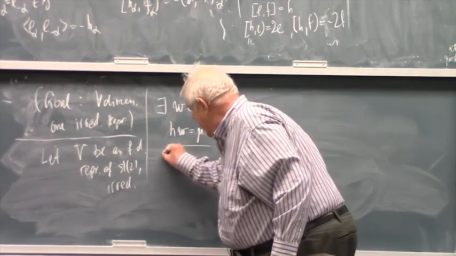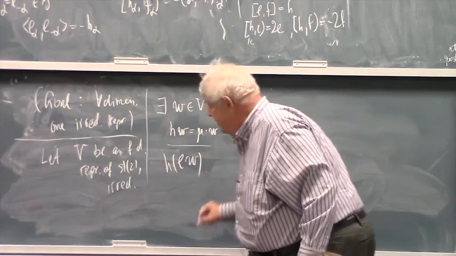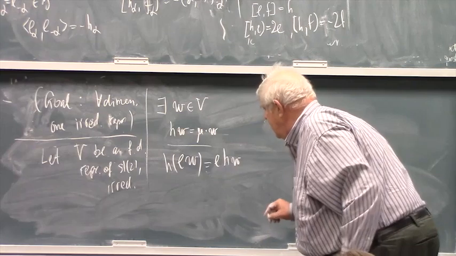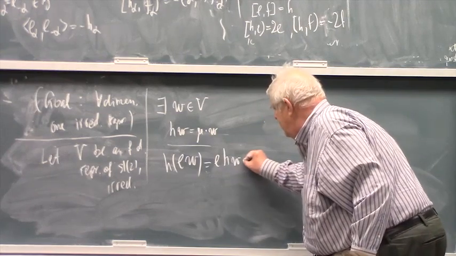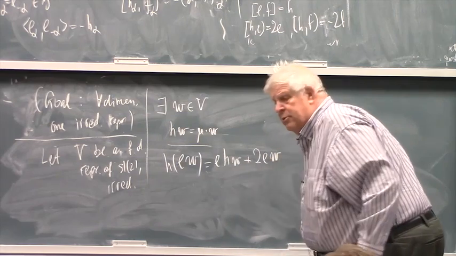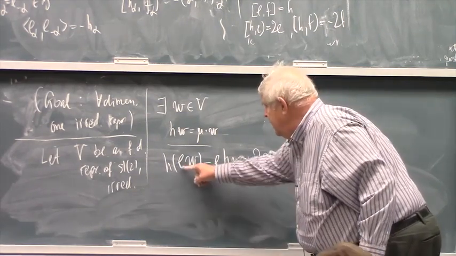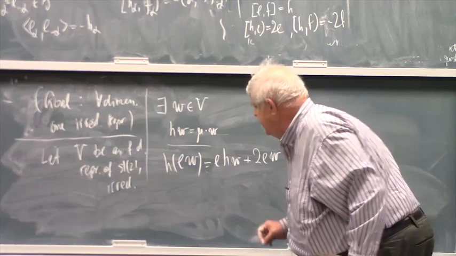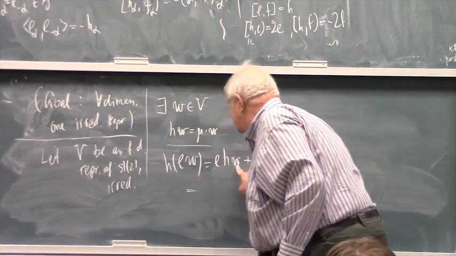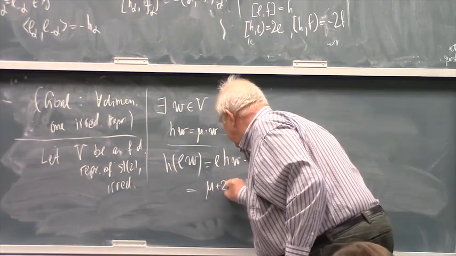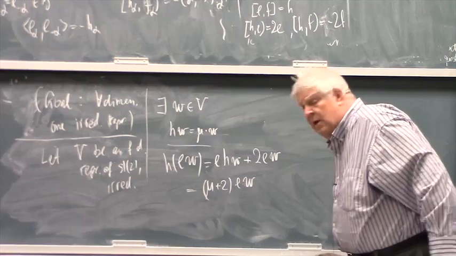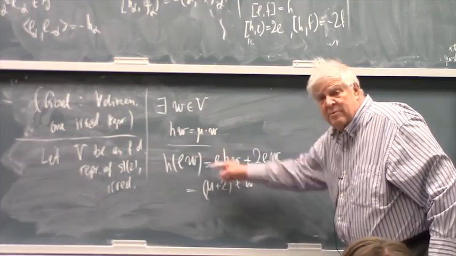Then H applied to EW is E applied to HW plus 2EW, right? HW is mu W, so this is mu plus 2 times EW. Also an eigenvector, but the eigenvalue is mu plus 2.